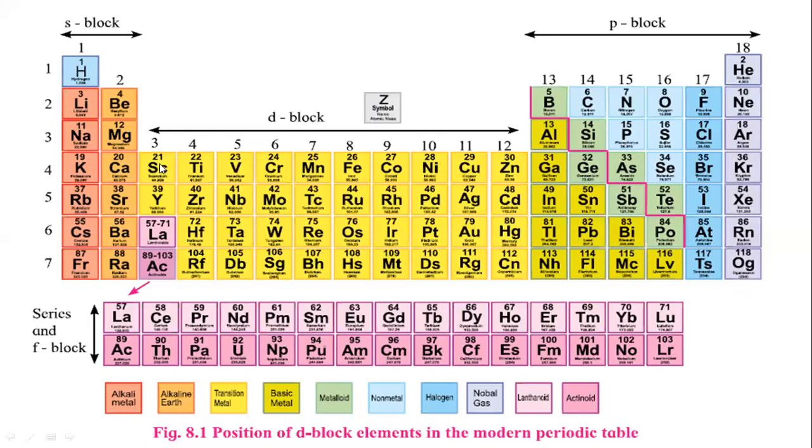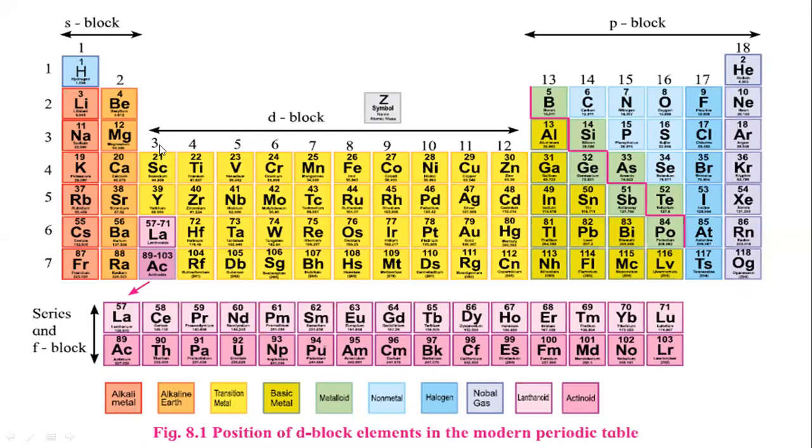These lanthanides and actinides are kept in group number 3, with the lanthanides in period number 6. So if the position is asked in the examination, explain the position of lanthanides in the periodic table, we have to write that the lanthanides are kept in group number 3.